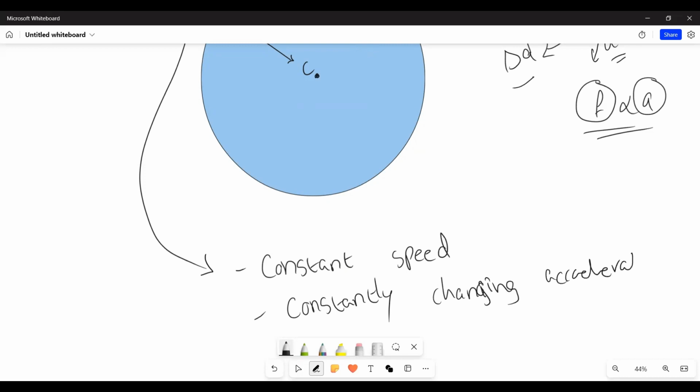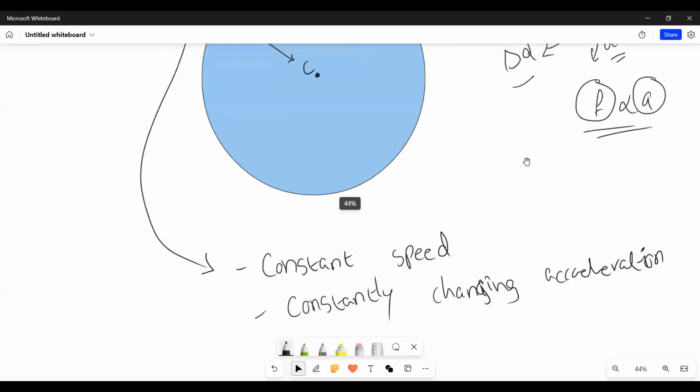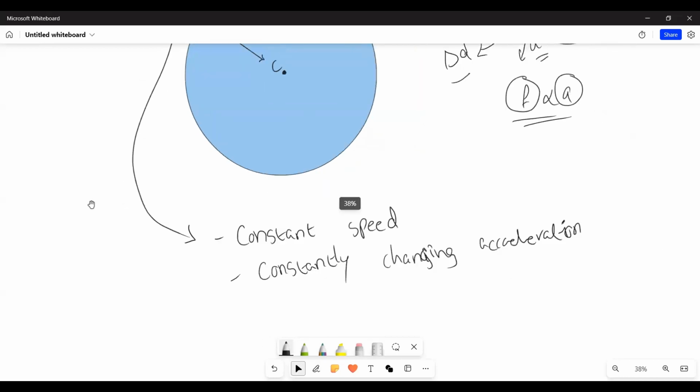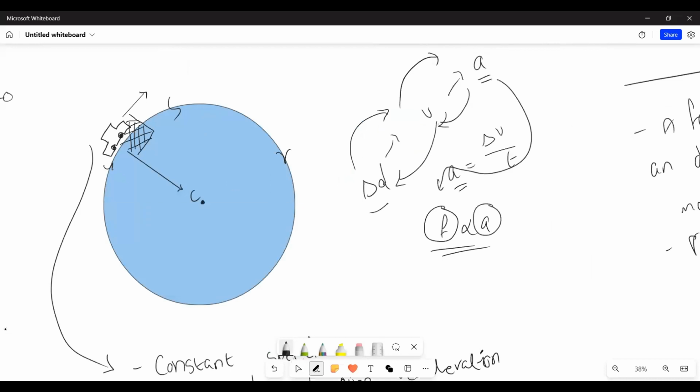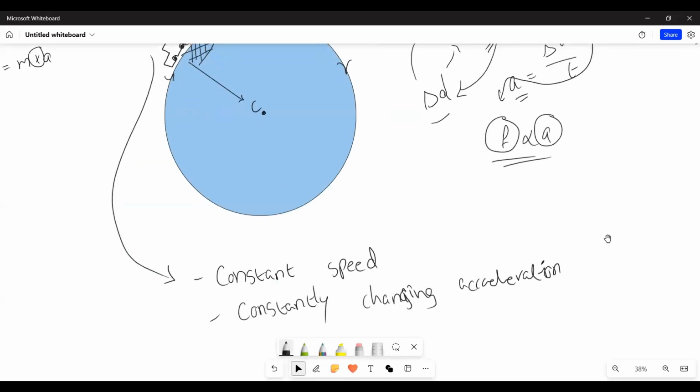I already said it a million times why there is constantly changing acceleration. I said that there's acceleration, but I didn't mention how it was constantly changing. It was constantly changing because the velocity is constantly changing. So we have constantly changing acceleration because we're constantly changing the direction of the car.